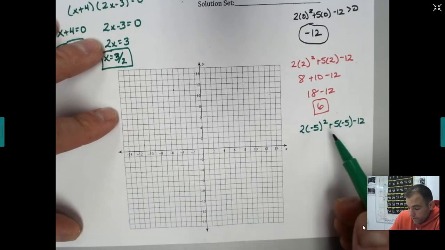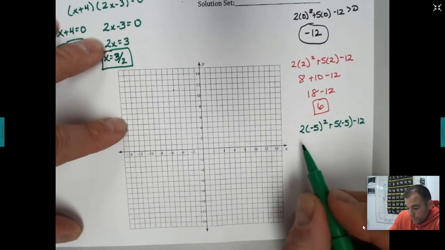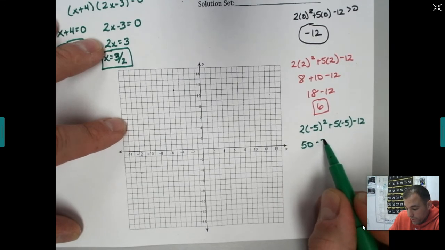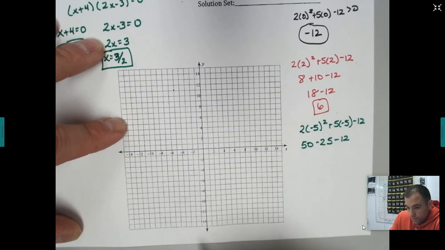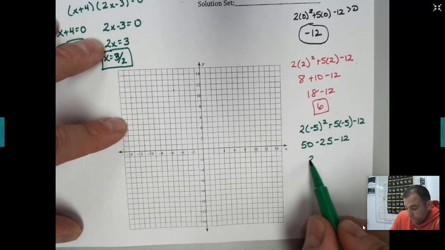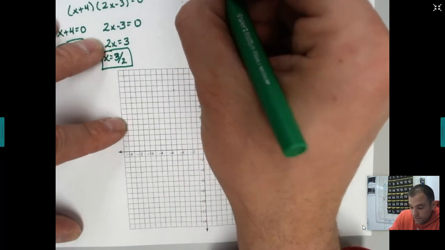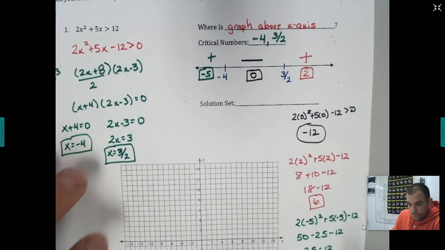And if I were to simplify this, -5 squared is 25 times 2 is 50. 5 times -5 is minus 25 minus 12. 50 minus 25 is 25 minus 12. 25 minus 12 is positive 13. So this one is going to be positive.